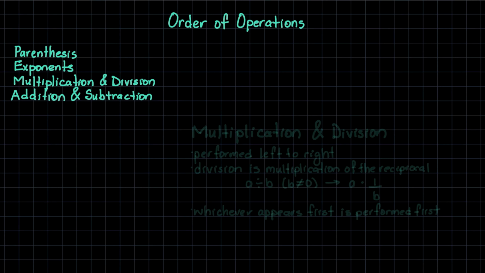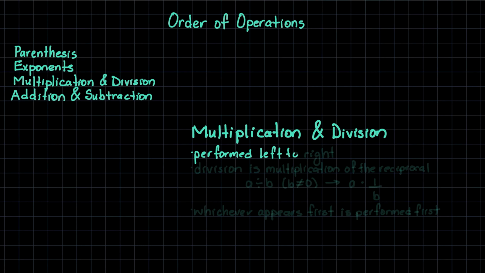Next on our list is multiplication and division. Multiplication and division are performed left to right. Now let's talk about why they are performed left to right. Division is multiplication of the reciprocal.